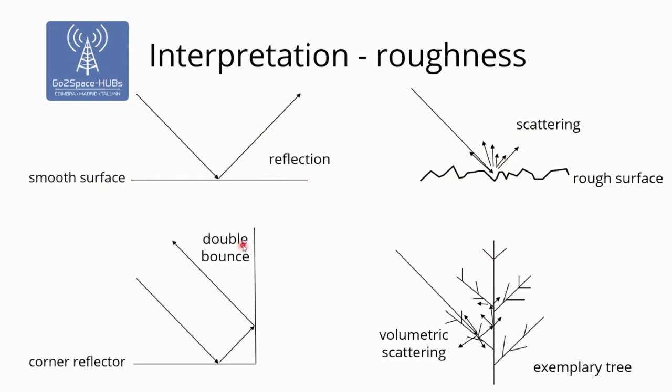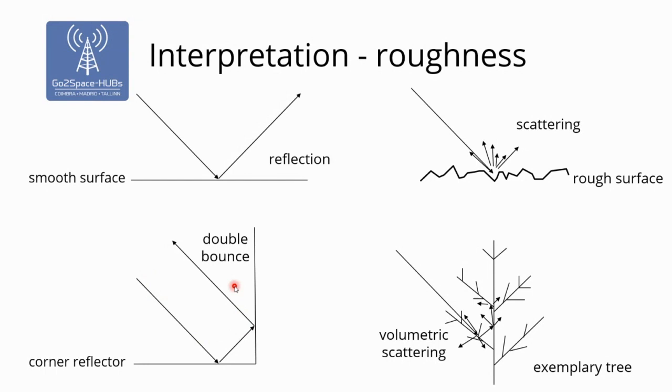Also, we have different kinds of reflection, like here, double bounce. For example, let's imagine the wall of a building and the ground. This kind of reflectance will be especially well seen in co-polarized images, when we have VV or HH.